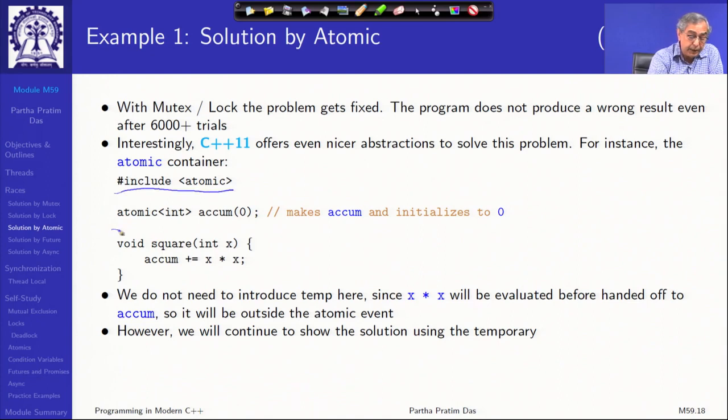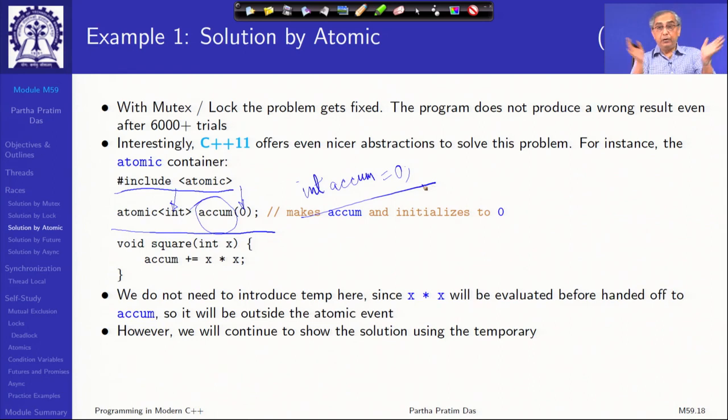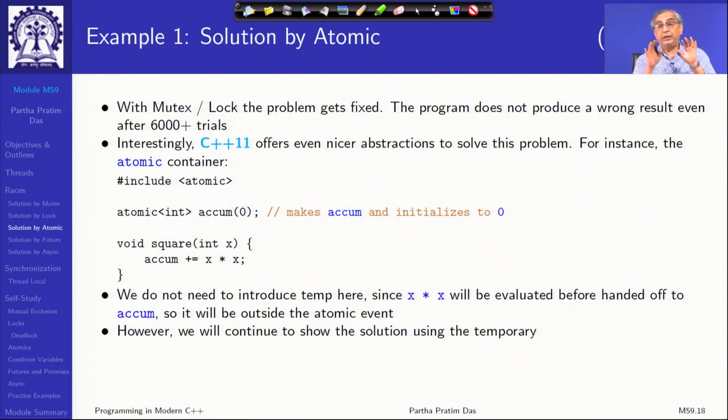This is a component, and accum is a variable of type int. So, you are making it an atomic int initialized with value 0, that is, instead of doing int accum, which makes it a simple global variable that anybody can change any time, you make it an atomic int.